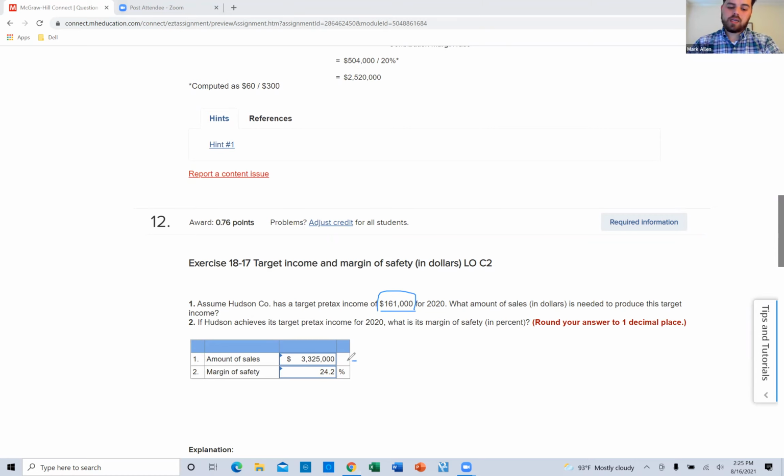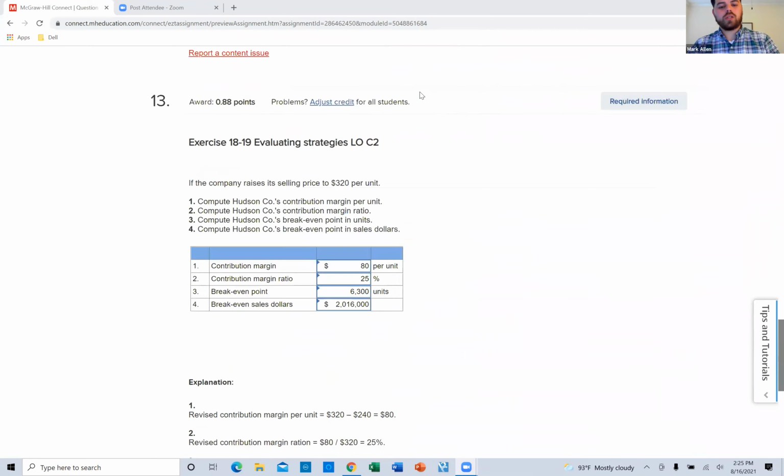So it does make sense that my amount of sales required in number 12 is greater than the amount in number 11, but that my amount of sales required in 13 is less than the amount of sales required in both 11 and 12. So if you kind of rationalize what you're doing and say, hey, does that make sense given what's actually happening? Then I think it'll help keep you straight as you work through these questions.